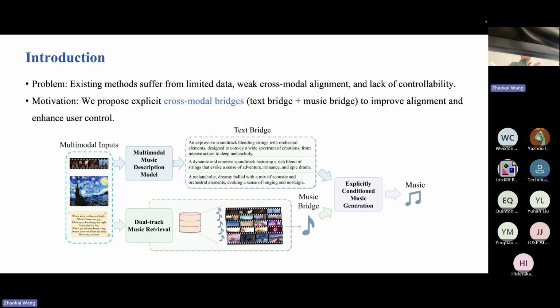So it's like a reference. This reference is actually retrieval, or RAG, in this method. So you have this music dataset, and we try to retrieve some relevant music from it, and this retrieved music is used as a reference to generate better music.